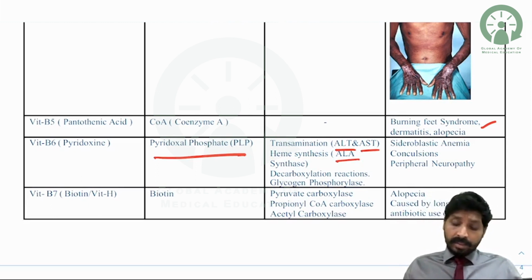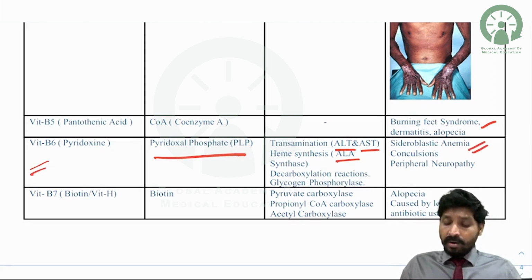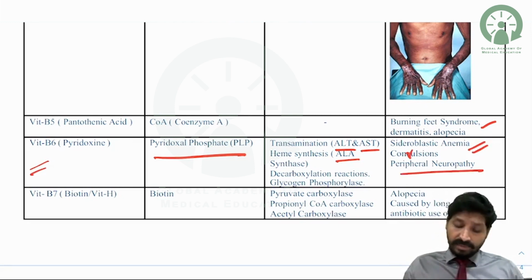In heme synthesis, succinyl CoA and glycine combine to form ALA by ALA synthase, which is dependent on PLP. Decarboxylation reactions and glycogen phosphorylase, for glycogen degradation, also require PLP. So that is the importance of B6. Sideroblastic anemia, convulsions, peripheral neuropathy are the characteristic features of B6 deficiency.